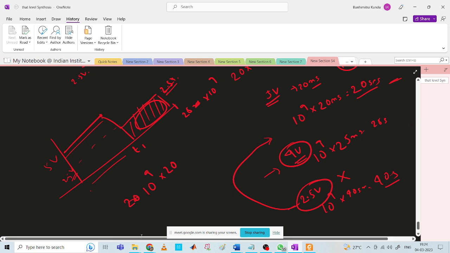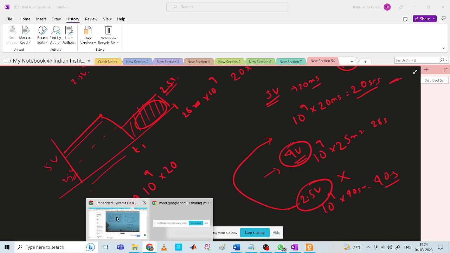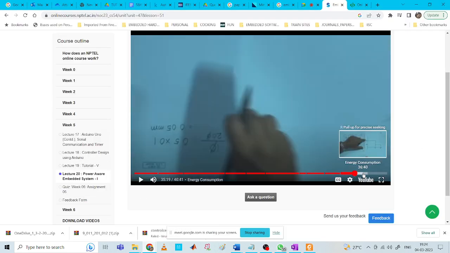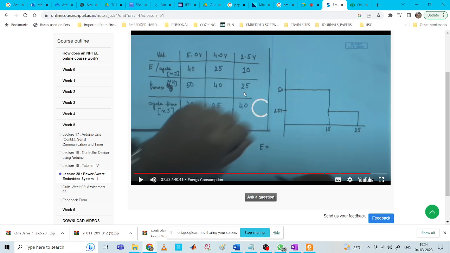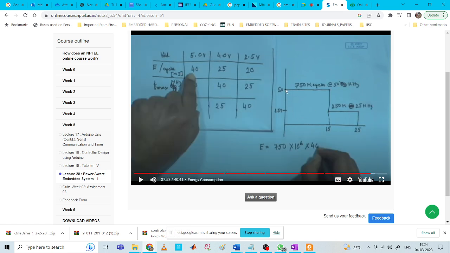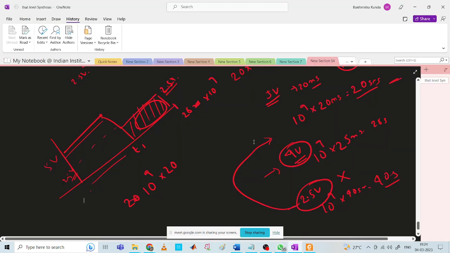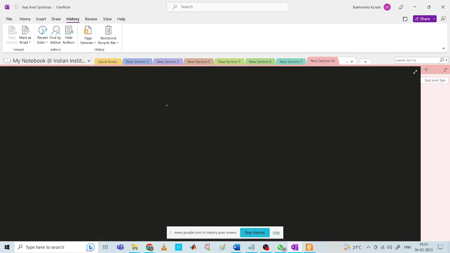So what sir is saying here is you adjust your time in such a way that for 5 volts you run up till 15. Okay, so if you see here, the task, you run 5 volts up till 15. Okay, and then you run at 2.5.